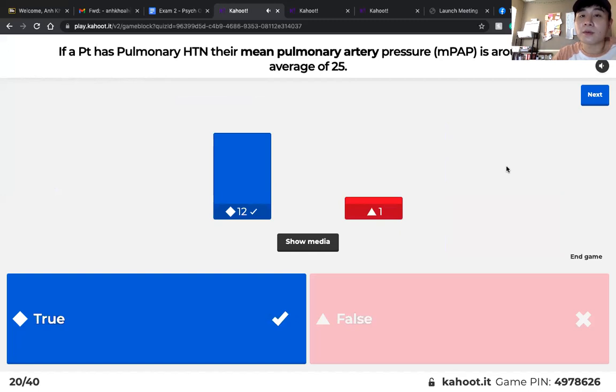Awesome. So remember the MPAP normal range is 12 to 16. If it's 25, it can indicate that the patient is currently having pulmonary hypertension. The pressure is so high, it causes a lot of restriction.